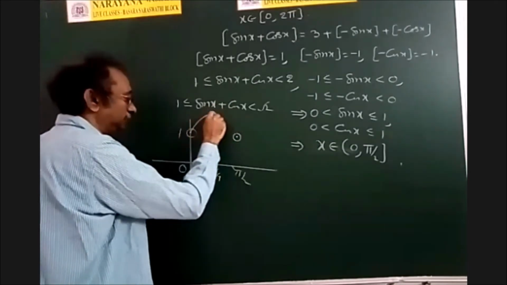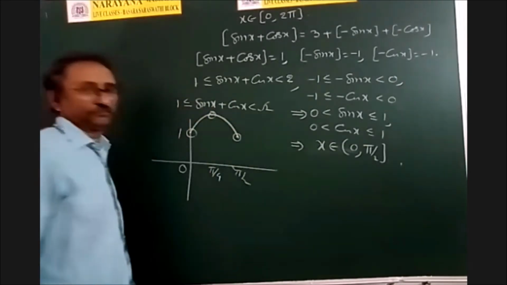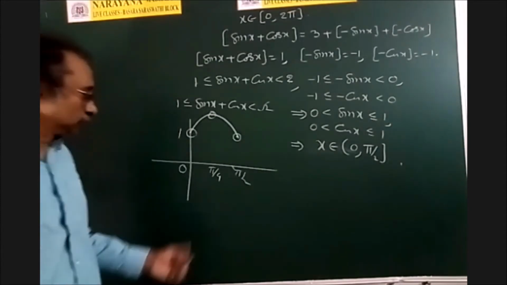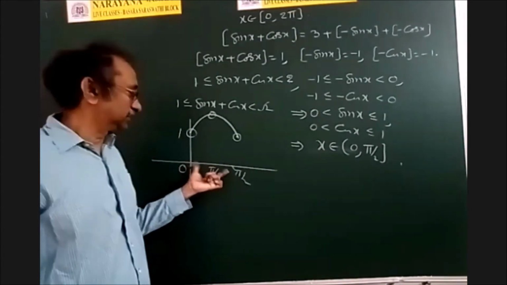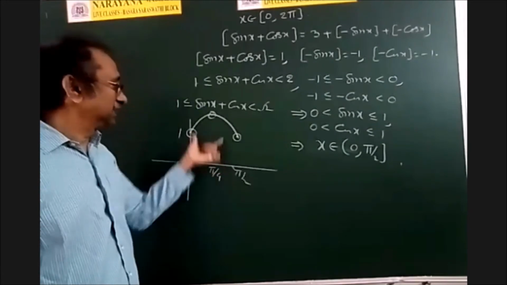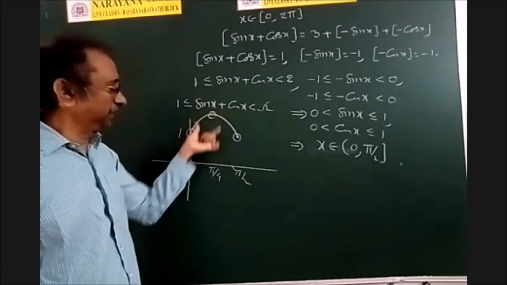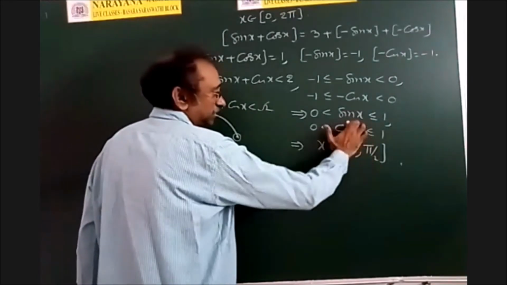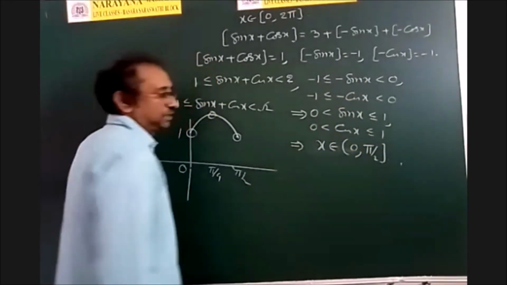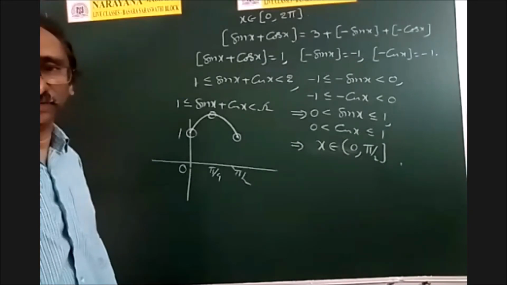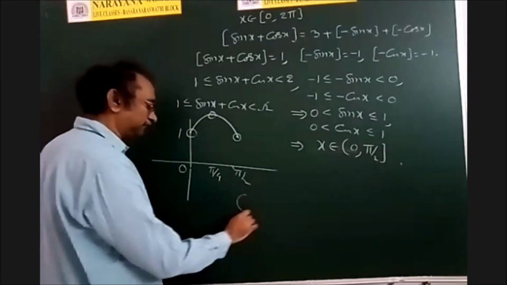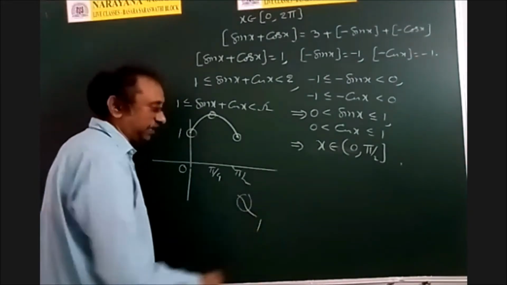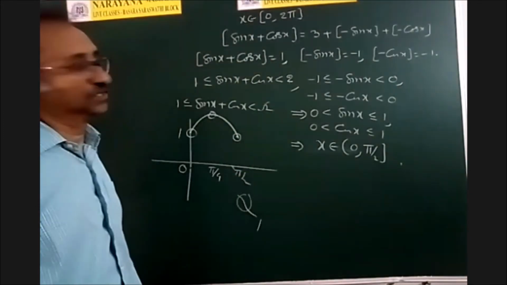So the graph will be like this. So in the first quadrant, for every value of x, sin x plus cos x lies in between 1 and root 2 only. And in the first quadrant, sin x lies in between 0 and 1, cos x also lies in between 0 and 1. So for every value of x in the first quadrant, this inequality holds good.